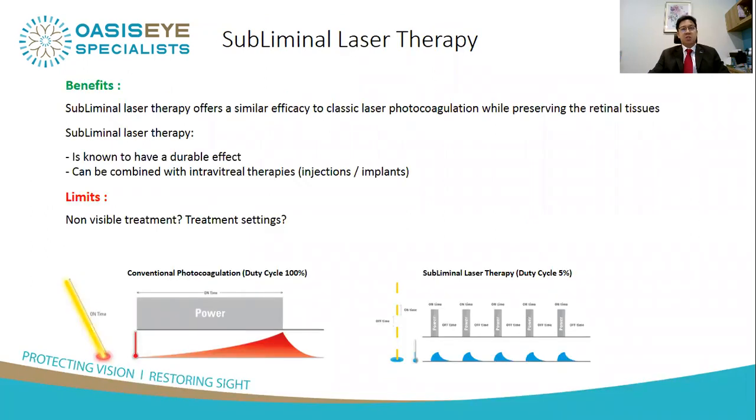The benefits are such that you can preserve retinal tissues while having an effect on reducing macular edema at the macular area. The limitation is that many doctors complain that they cannot see these subliminal laser scars, and there's still some debate about what are the exact and best treatment settings we should use.